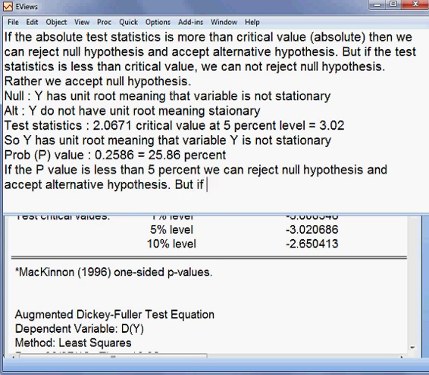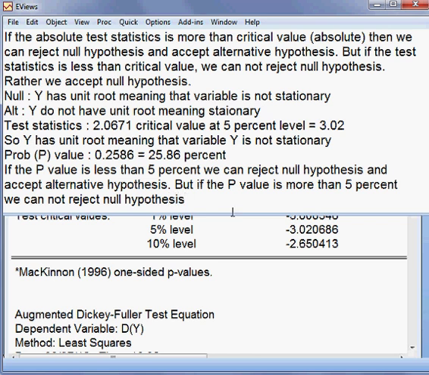But if the p-value is more than 5%, we cannot reject the null hypothesis. Rather, we accept the null hypothesis. So that is the guideline of our models, right?